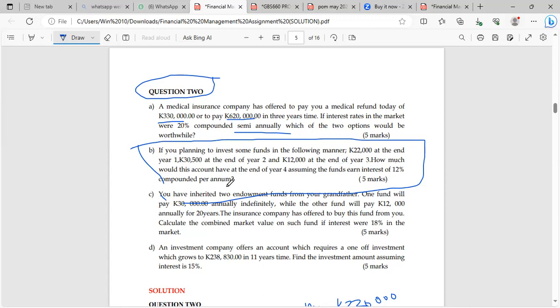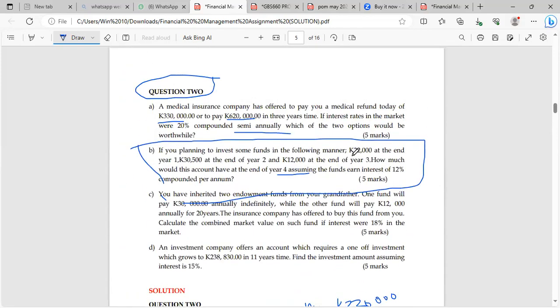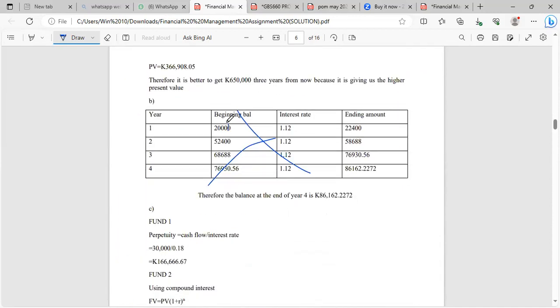How much would this account have at the end of 4 years, earning interest of 12%? There's not much of an issue here. We are revising the entire question, these solutions are not okay, because it is 22,000, not 20,000 here.